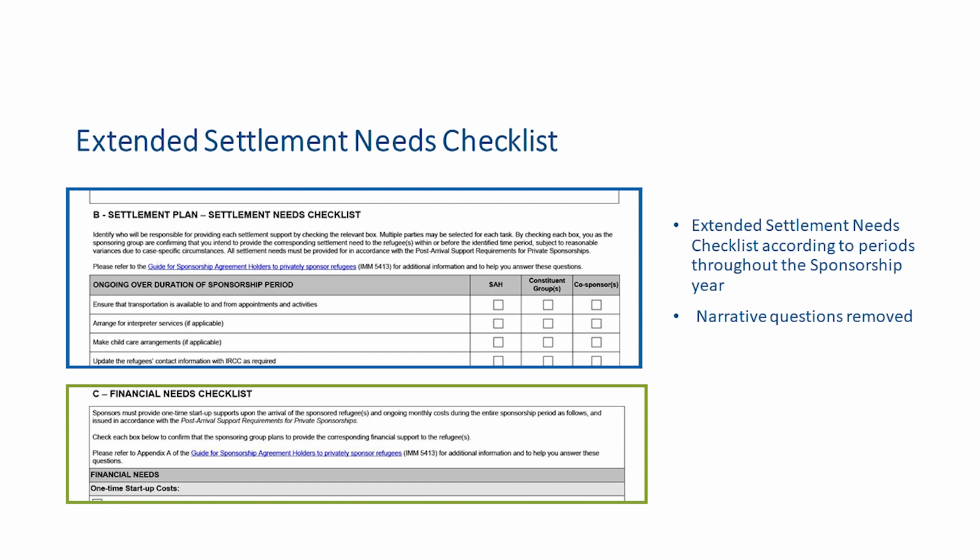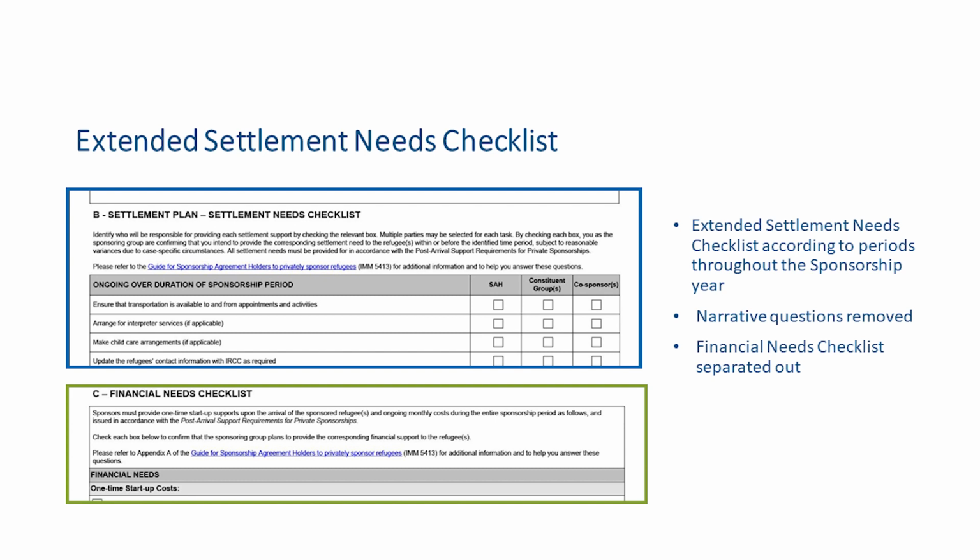Instead, much of the information you would have previously explained in the narrative format can now be addressed directly within the settlement needs checklist. Additionally, the financial checklist is still included, but it's now separated from the extended settlement needs checklist, making it more accessible, as you can see on the screen. So these are some of the changes that we've been given from IRCC.